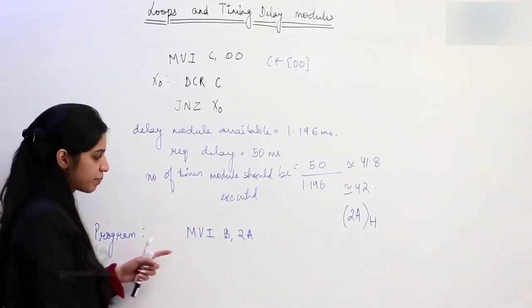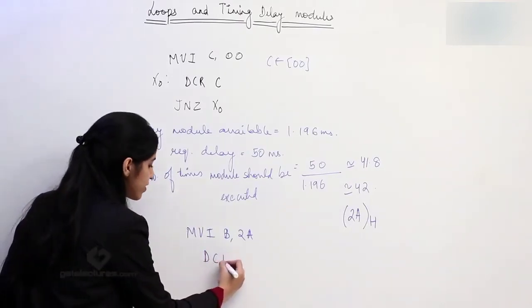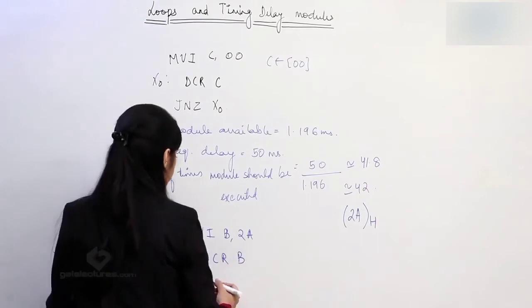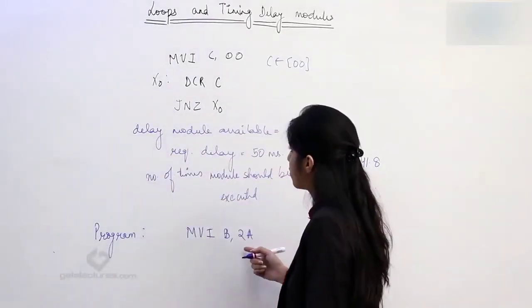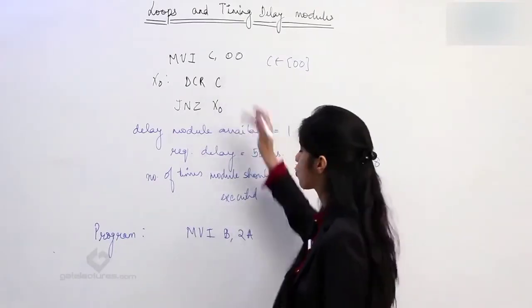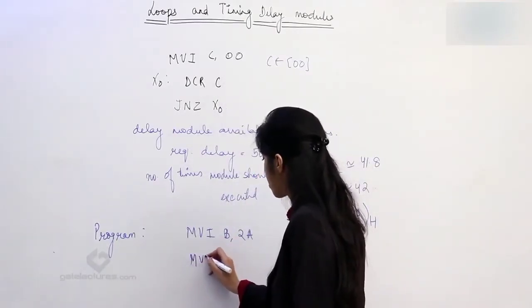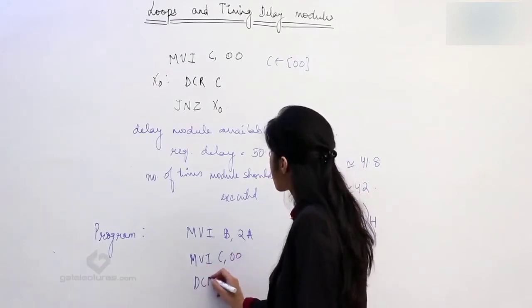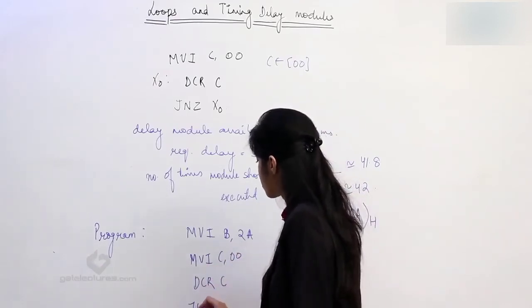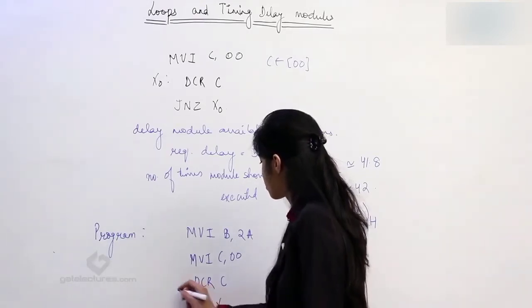The concept is the same. Then I write this module: MVI C, 00, DCR C, JNZ X naught. This is X naught.